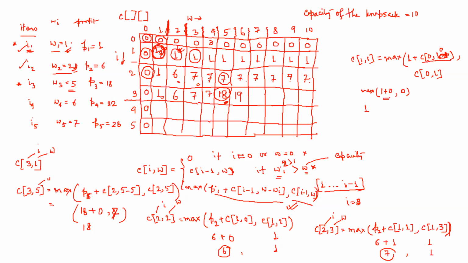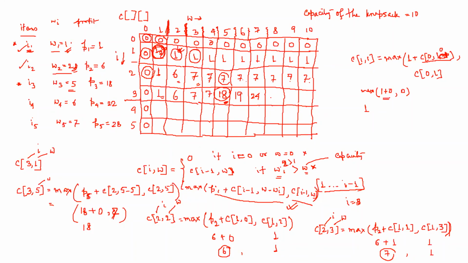If I choose item 2 and item 3, then we will get the maximum profit. So the profit will be 18 plus 6, that means 24. You can write the equation and try to fill this value. You will get this one.